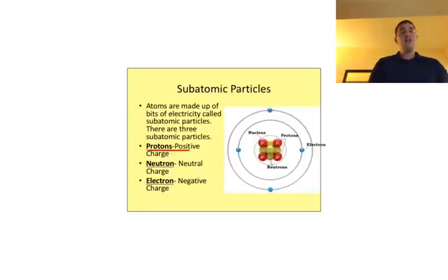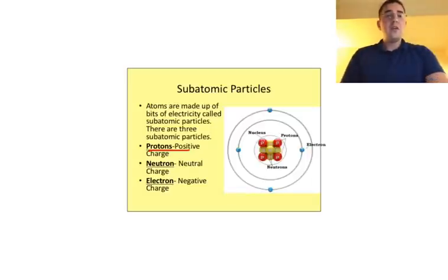Okay, now let's take a look at the inside of an atom and see where these different subatomic particles are at. First of all, you're going to see that the center of the atom is actually called a nucleus. Okay, all atoms have this central part called the nucleus.